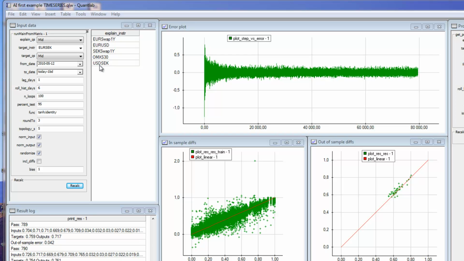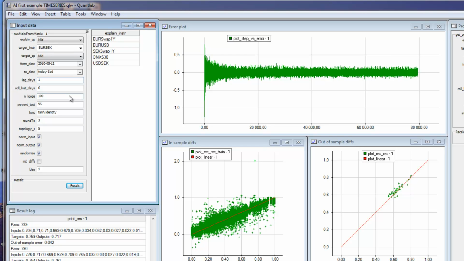We have a rolling 6 days window for all these time series, and we try to predict the next day's level in the euro-SEK exchange rate. So we're learning from the time series and trying to predict the euro-SEK.